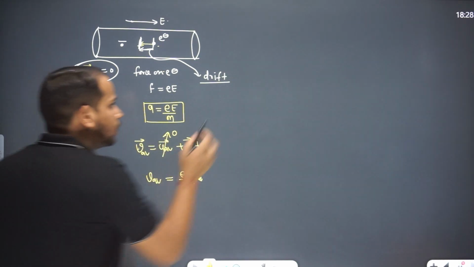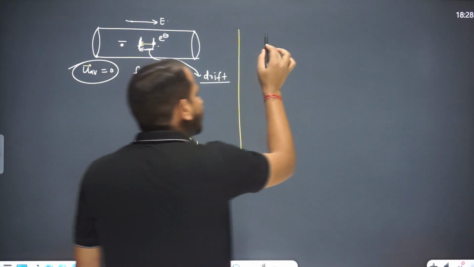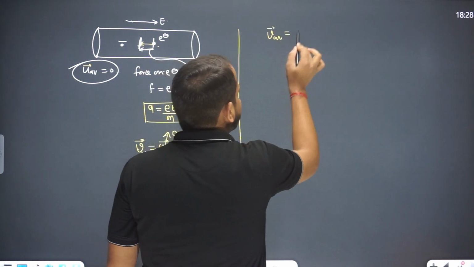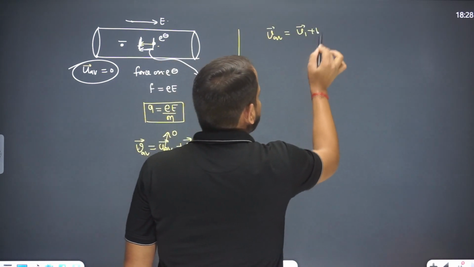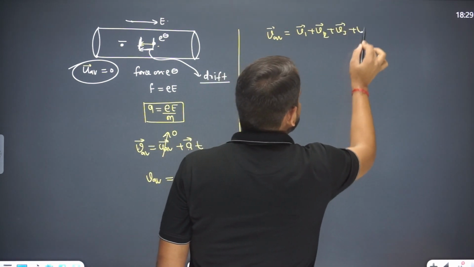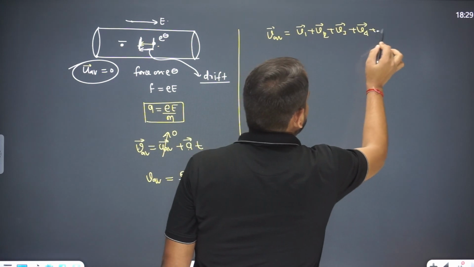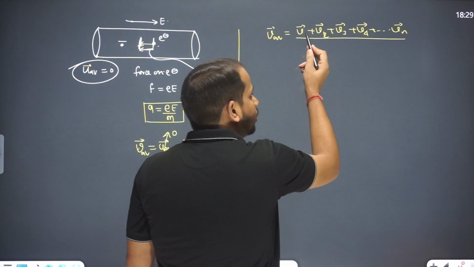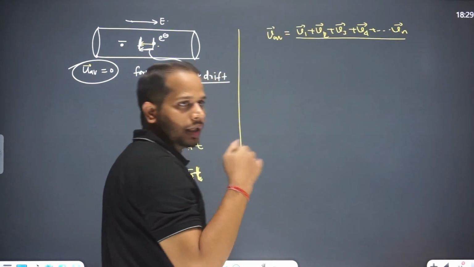So when we are taking the average for all the collisions, what will happen? v average is equal to v1 average plus v2 average plus v3 average plus v4 average, dot dot, vn average. And one thing: it's not the velocity of different particles, I mean 1, 2, 3.